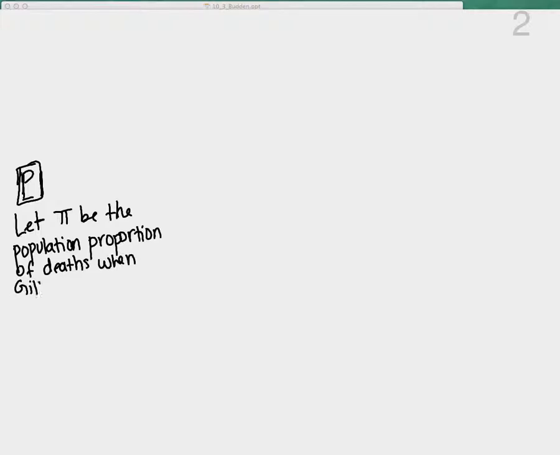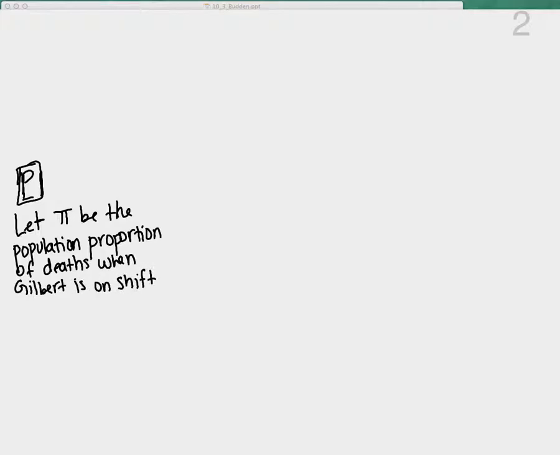So P, we're going to look at proportion. Today we're just learning a hypothesis test for proportion. So we're going to let pi be the population proportion of deaths when Gilbert is on shift.